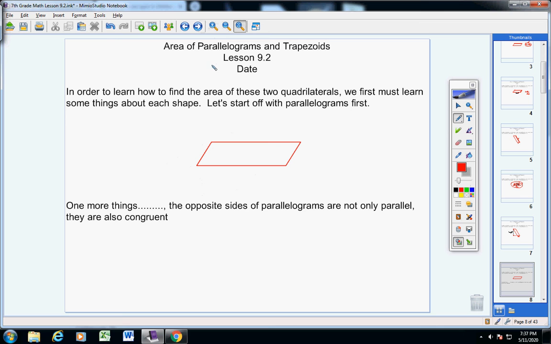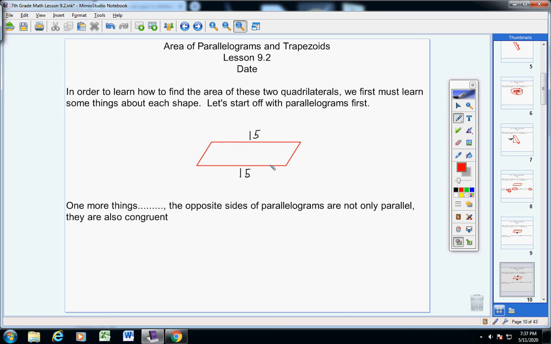Oh, one more thing, guys. Listen to this. The opposite sides of parallelograms are not only parallel, they are also congruent. So please don't forget that. Now, congruent just means they are equal. If I told you this is a parallelogram here, and it is, and this length here is 15, then you know automatically that this length right here is also going to be 15.